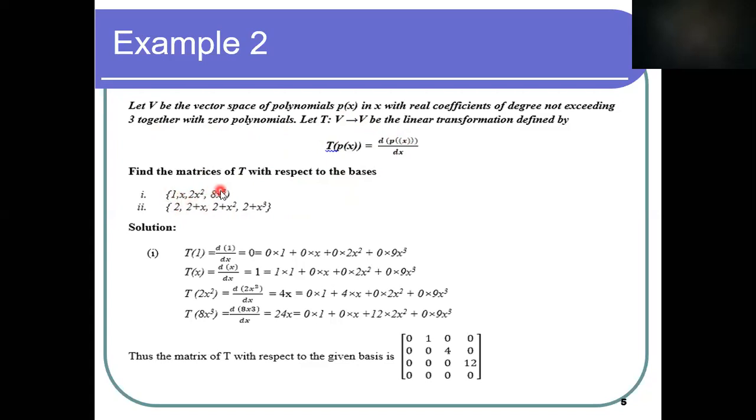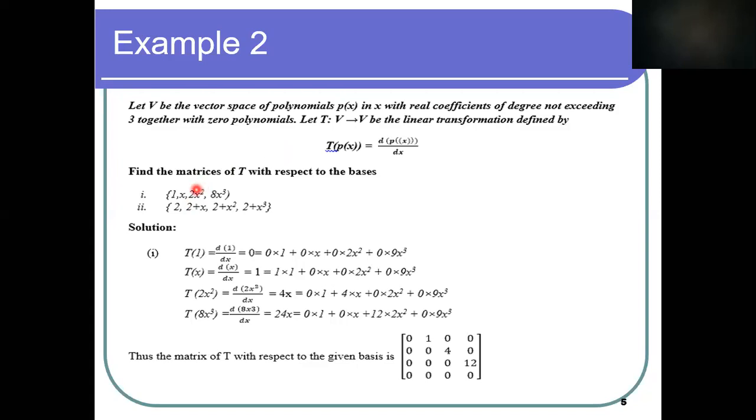In that case, the general polynomial in this vector space must be a0 plus a1 x plus a2 x squared plus a3 x cubed. The coefficients are 4, so we have fundamentally 4 basis elements in the vector space of polynomials with degree not exceeding 3.